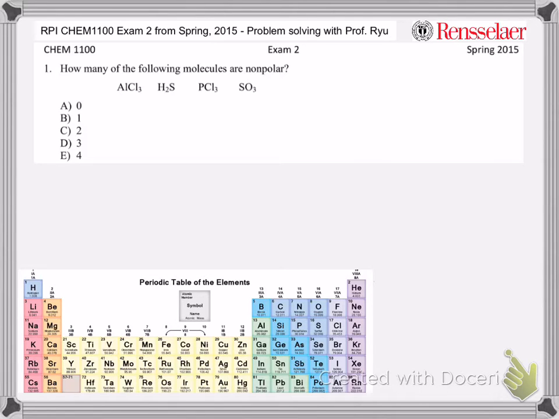The AlCl3: aluminum is in group 3, so it has 3 valence electrons, and the surrounding chlorines would like to form bonds. I'm just going to draw the structure, not showing the lone pair electrons.